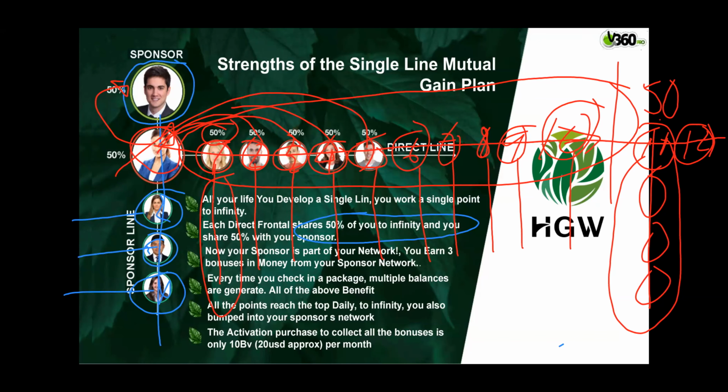And every one of these direct liners of your sponsor gets calculated, of course. This profit is for your sponsor, and the 50% is for you. He shared with you the 50%. Okay, that's all from your sponsor.